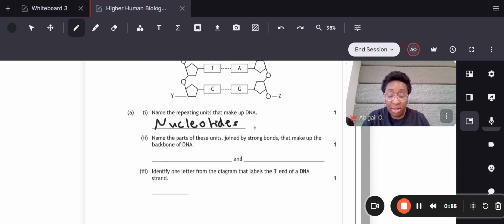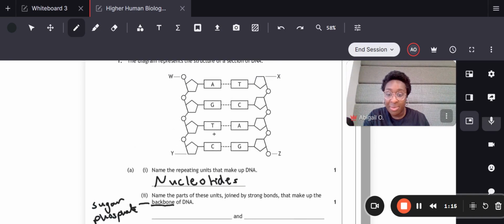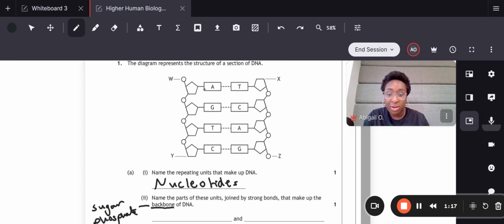So B, name the parts of these units joined by strong bonds that make up the backbone of DNA. Now the backbone word here is something that I draw my eye to a little bit, because we always speak about something when we're talking about DNA called the sugar phosphate backbone. Now those are the two words I was going to mention earlier on when we're talking about the nucleotide bases.